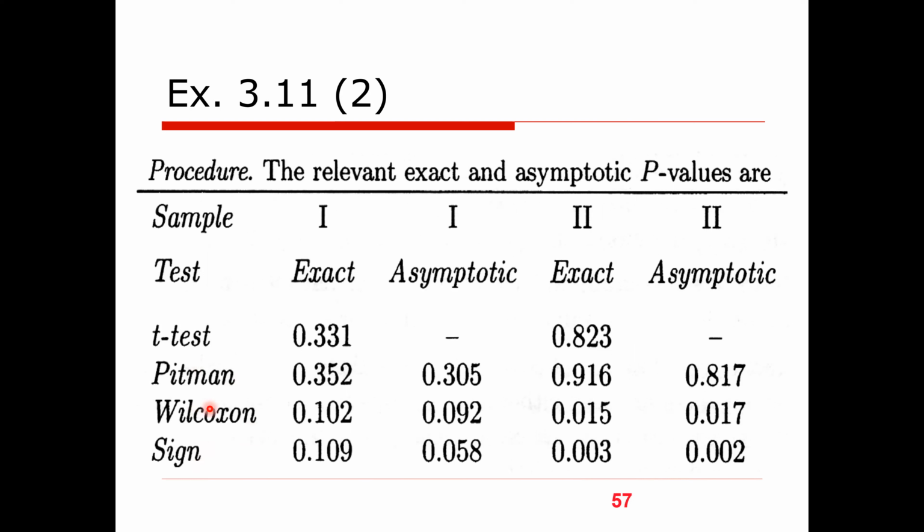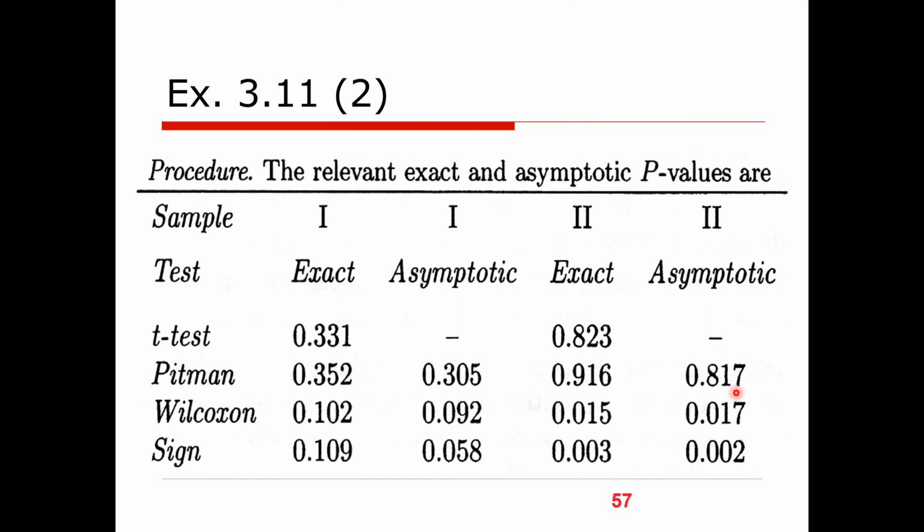For the t-test, we get the exact p-values using the data sets, and also we get the asymptotic z p-values using the normal distribution to do the approximation. So here are the comparisons of these 4 tests with both sample 1 and sample 2.